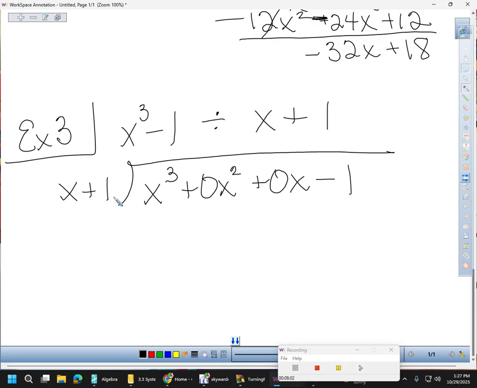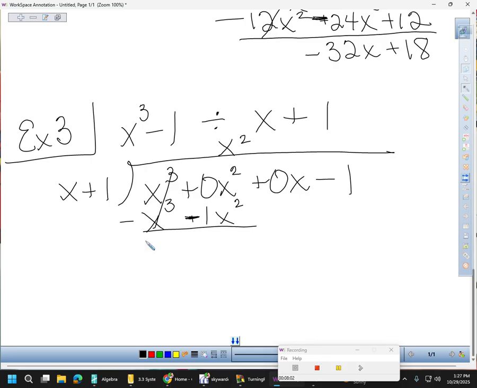All right, one last time on long division. What times x will give me x to the third? X squared. Very good. X squared times x is x to the third. X squared times 1 is 1x squared. Draw my line and change my signs. My x to the thirds cancel out.